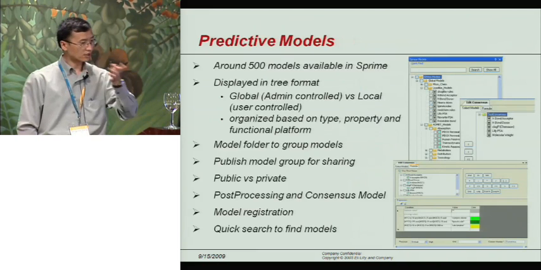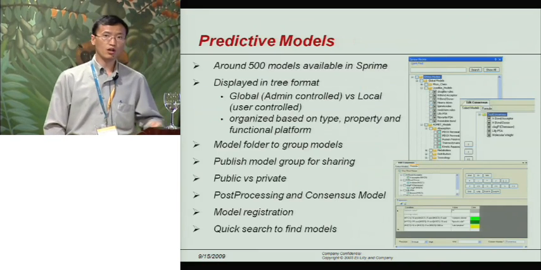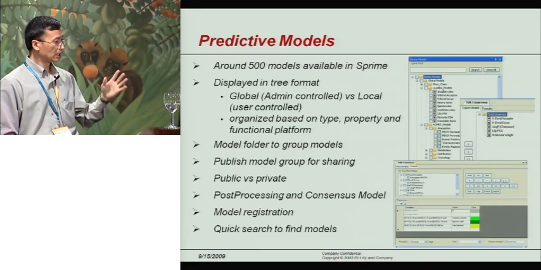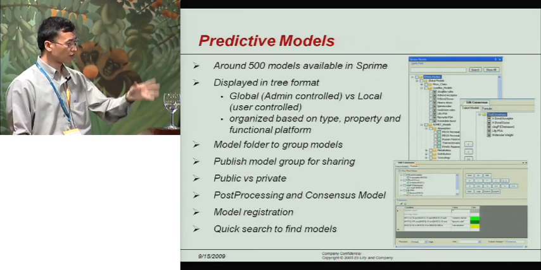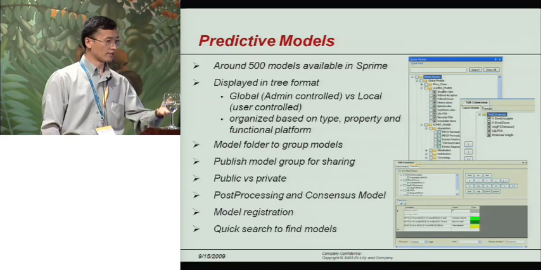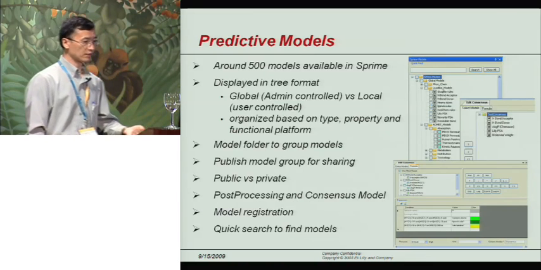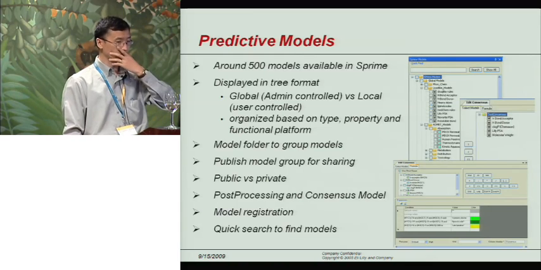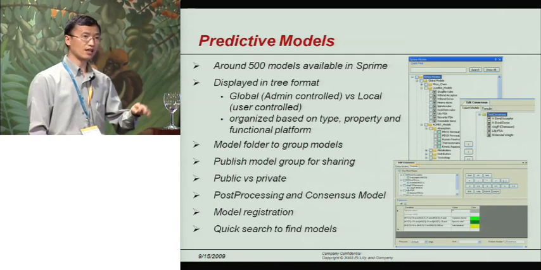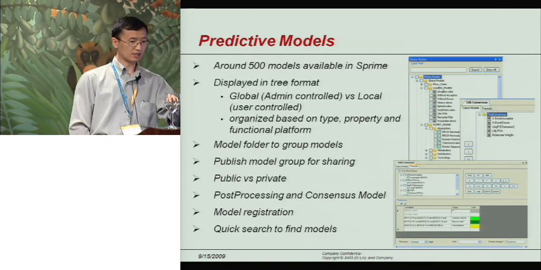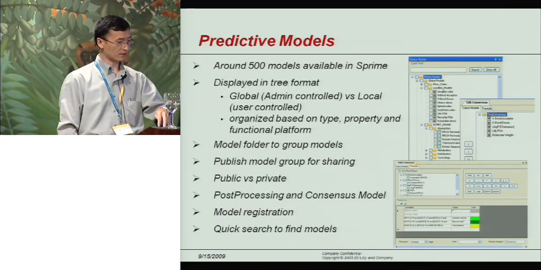All right, so here is one component called Predictive Models. At this point, we have about 500 models available in the SPrime, and they are displayed in a tree format. We have global models, local models, and also you can organize based on type. For example, we have nearest neighbor as a model, a 3D docking model, functional models, or even just regular in-silico models.